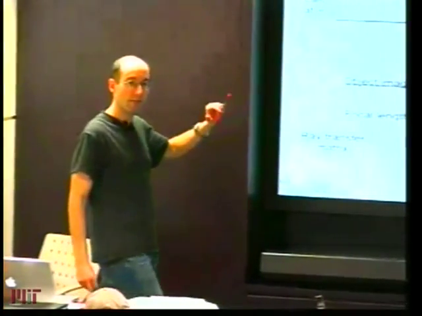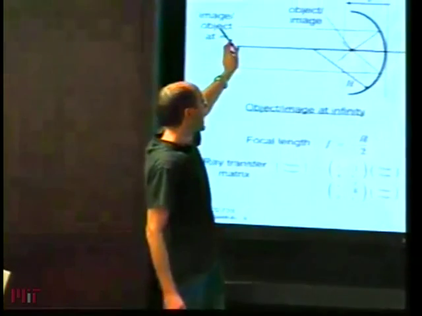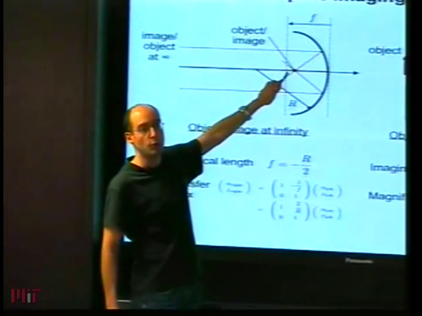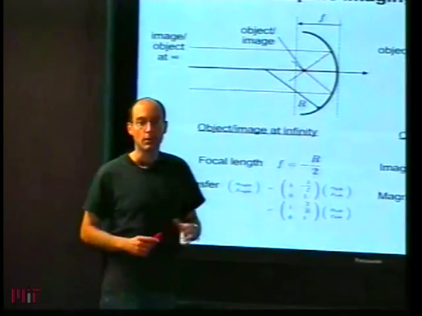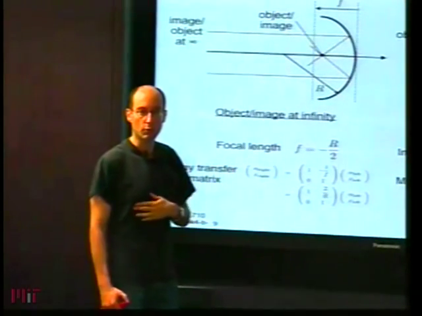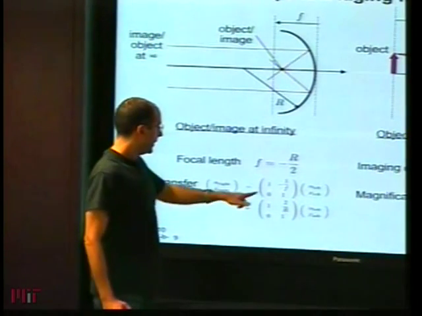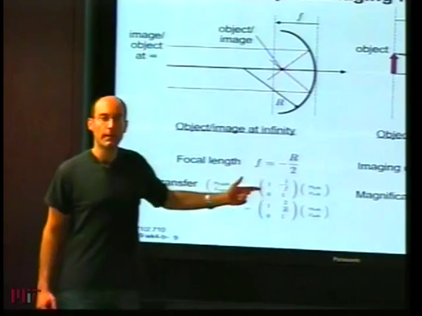And it is clear that it is a positive lens because it forms a real image for an object at infinity. By construction, we demanded that if I have parallel rays from infinity, these things should focus them to a real point on axis. So clearly this is what you would call a positive lens. And since it is a lens, it actually has a matrix that is very similar to the matrix of a lens.